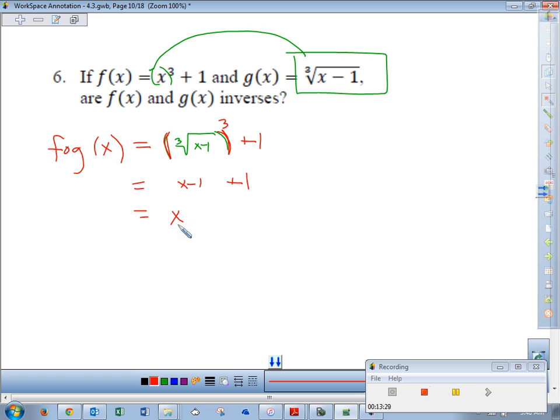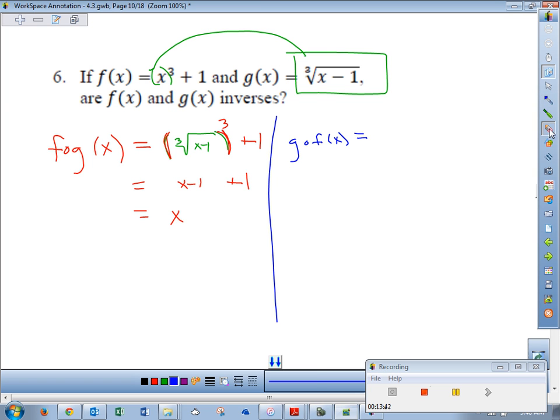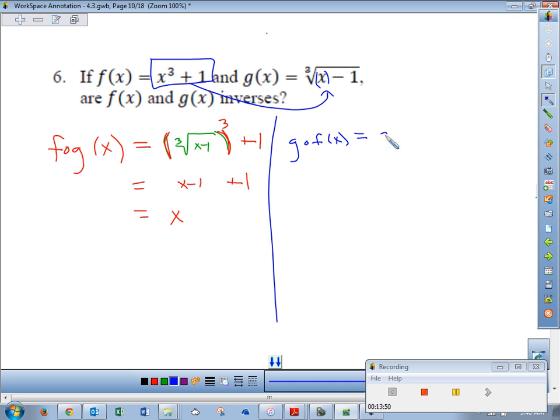I must keep going. Now I need to see if g of f of x also equals x. So this goes in for x right here: cube root of x cubed plus 1 minus 1. With me on subbing in?